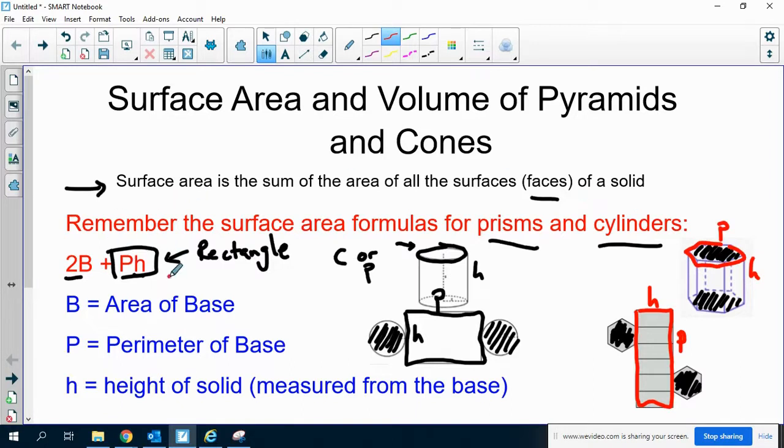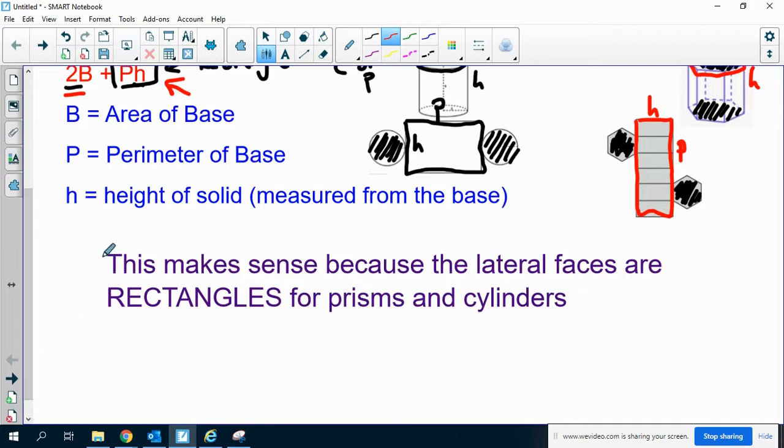So it makes sense. This represents a rectangle, and then we have two bases. The lateral faces are rectangles. We add it all up, we get one giant rectangle. This Ph kind of makes sense.